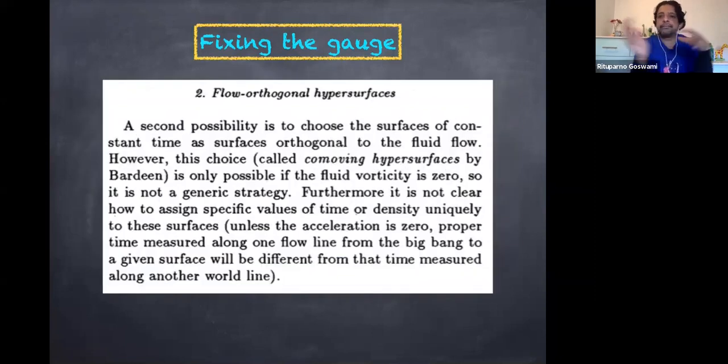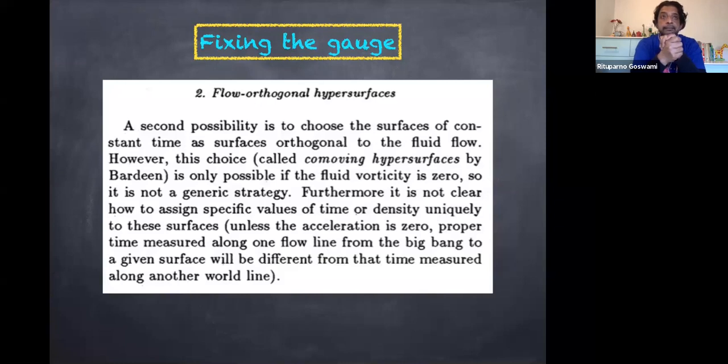Also, we can have gauges which take the orthonormal slices to the flow vector, the time-like vector U^A, as constant time slices. However, this is possible if and only if there is no vorticity in the universe.